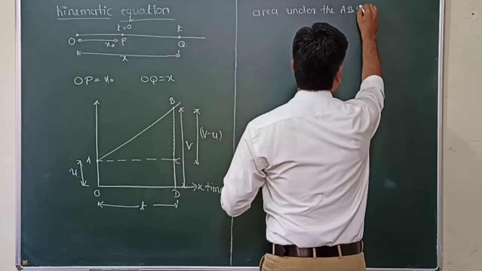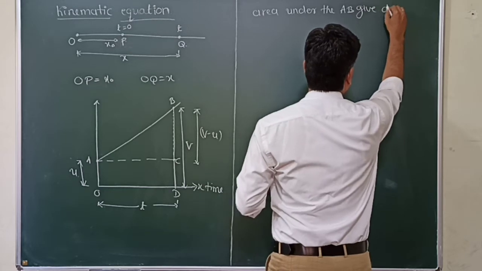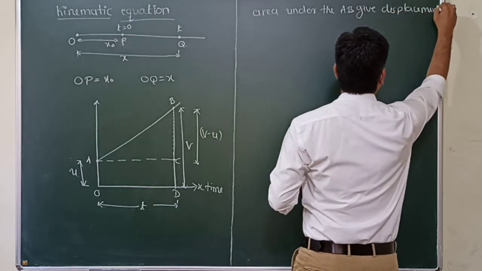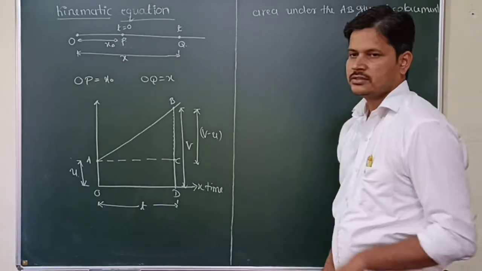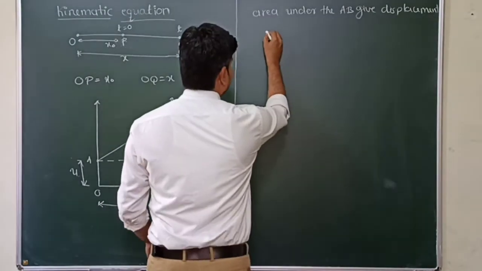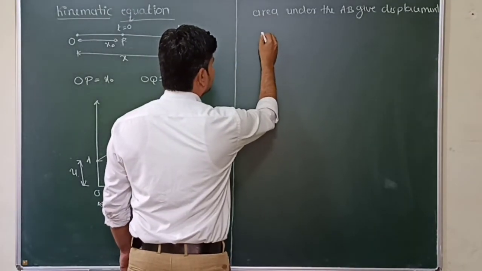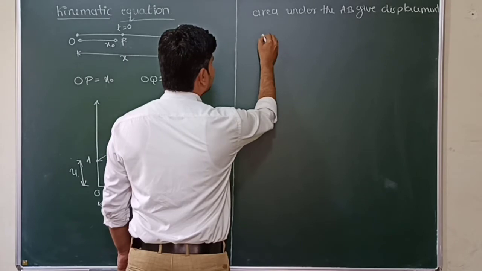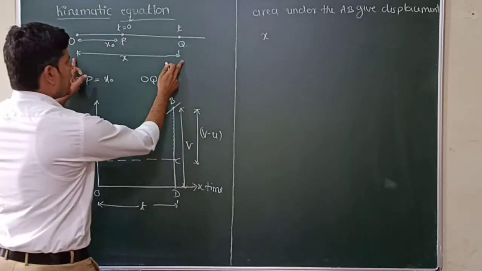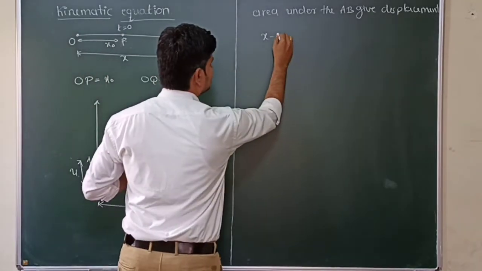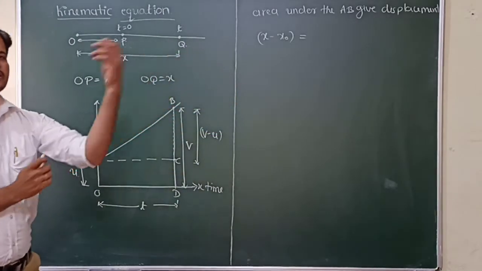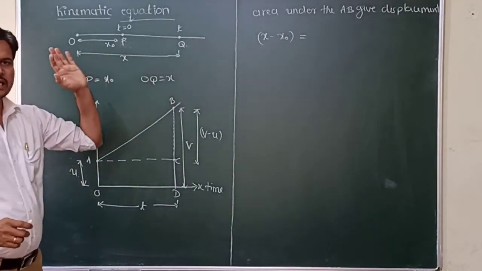Area under AB gives displacement, correct? Now, displacement AB, that means this x minus x naught is the total displacement, correct? Change in the position is a displacement.